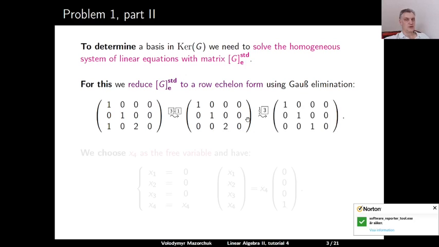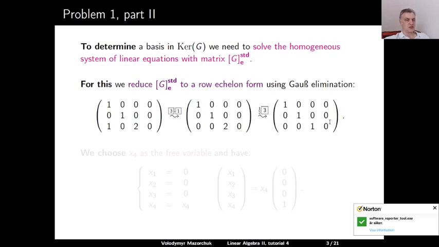Now we can divide row 3 by 2 to make this into 1, and we have the following row echelon form. The first row is 1, 0, 0, 0, the second row is 0, 1, 0, 0, and the third row is 0, 0, 1, 0.